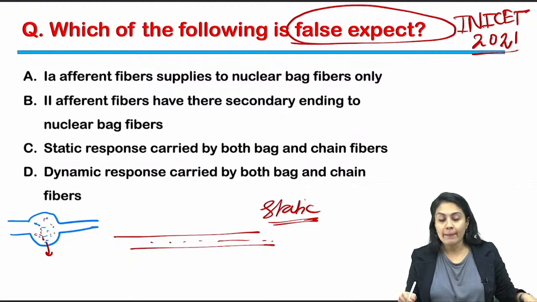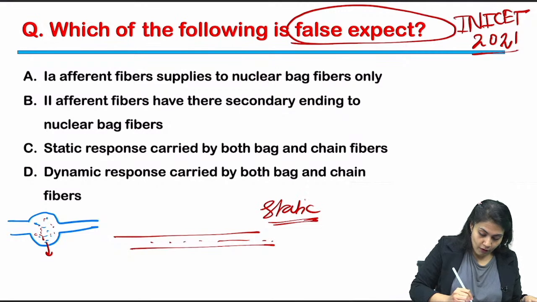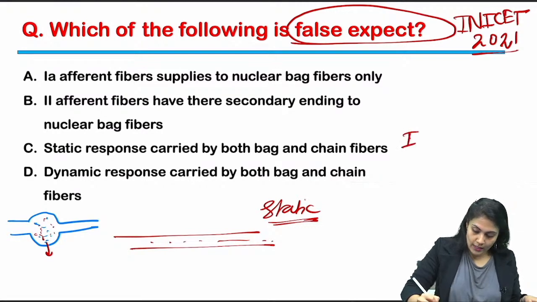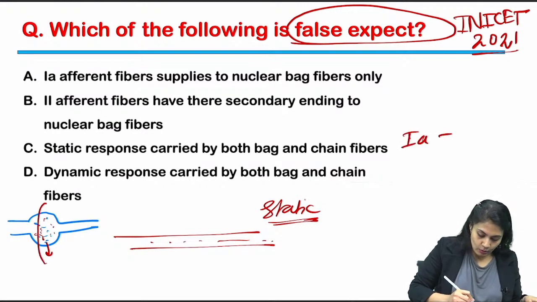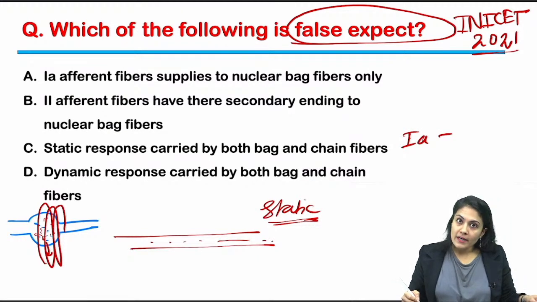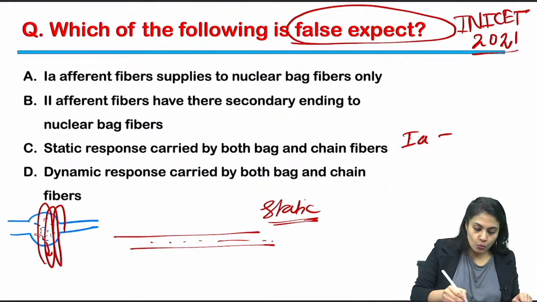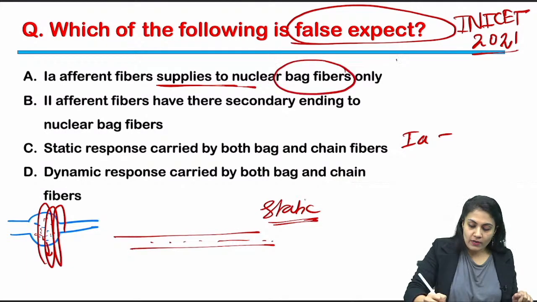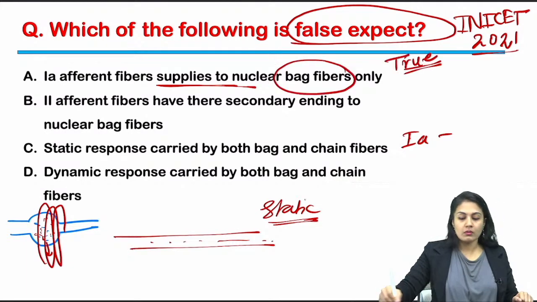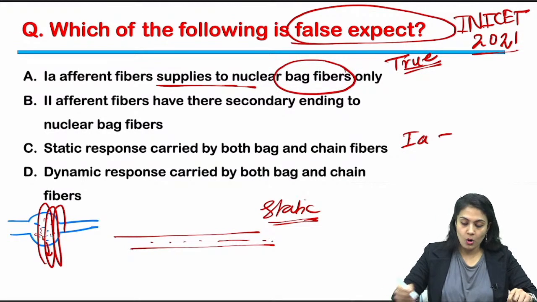and that's why they are known as dynamic. Now understand, when we talk in terms of 1A fibers, they are annulospiral fibers, right? Annulospiral fibers, they are providing the supply to the bag fibers only. That means we have to understand which one is true of these, right?